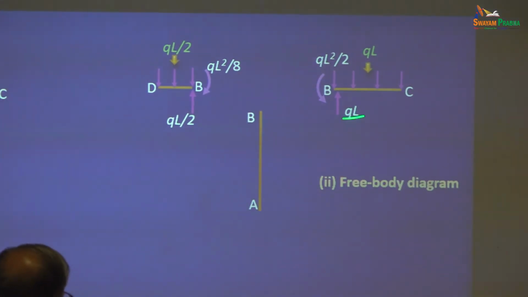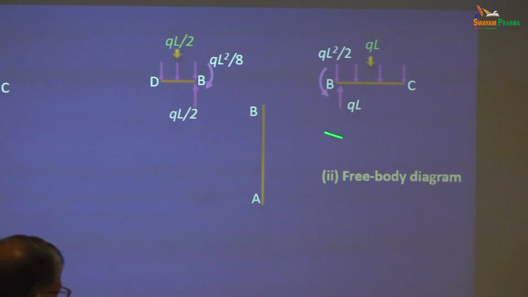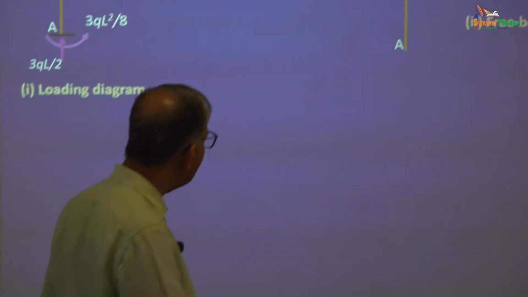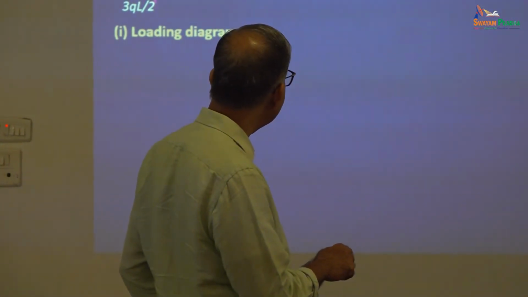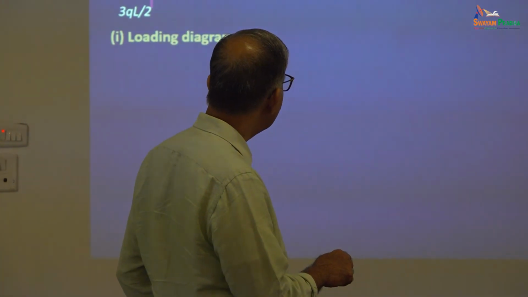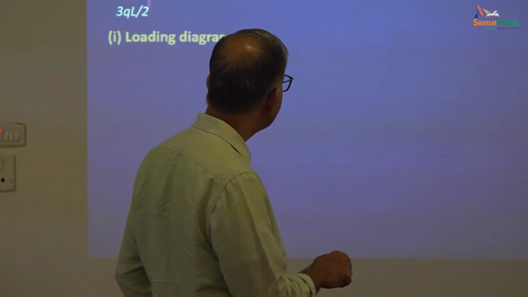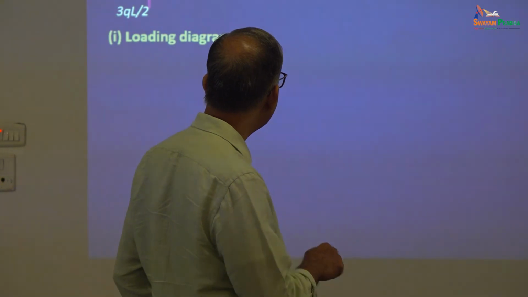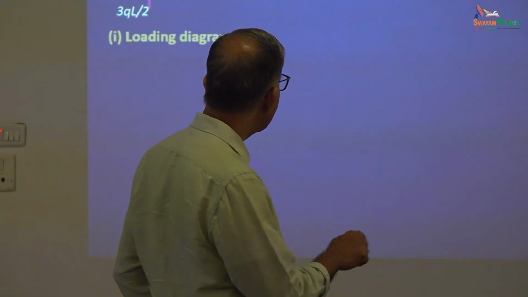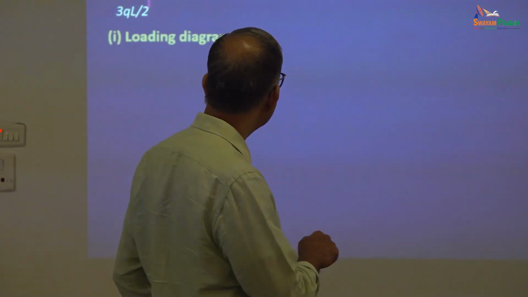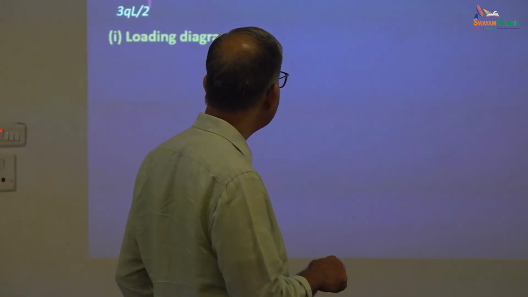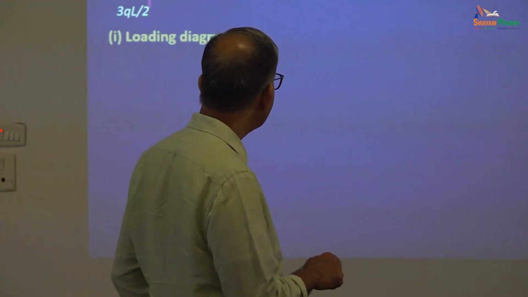We did the two overhang cantilever portions independently. Now when you join everything here, you should not get any resultant force. When you join all these three elements at B, the resultant force at B should be 0. So work it out.